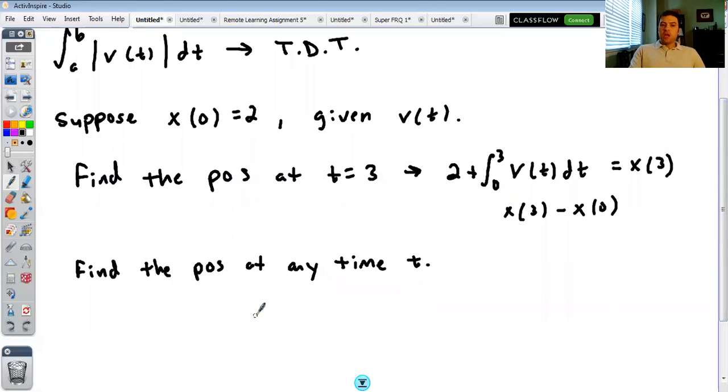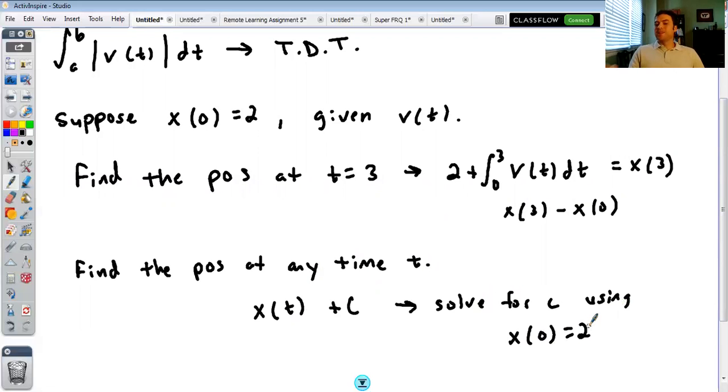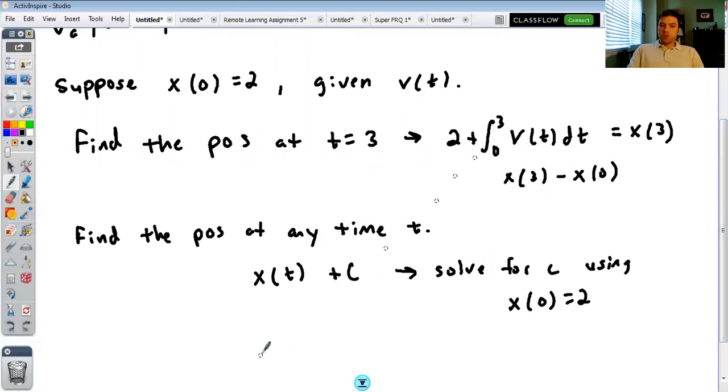In this case, I would want to take the antiderivative plus c and then solve for c using the initial condition. So this is much more differential equations-esque when you do that. You could use the fundamental theorem of calculus version. We could say 2 plus the integral from 0 to some time t of v of x dx. This would work as well if I wanted to work it that way.